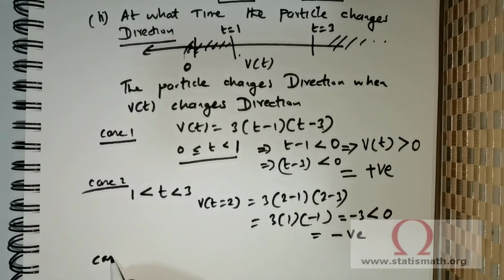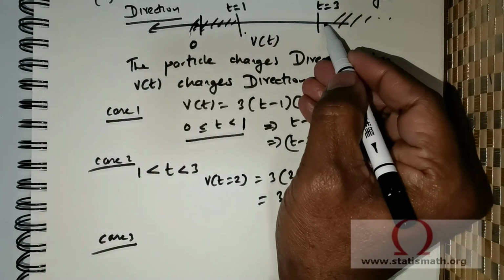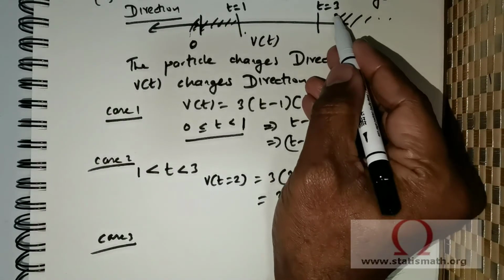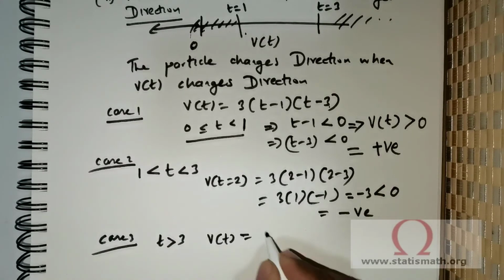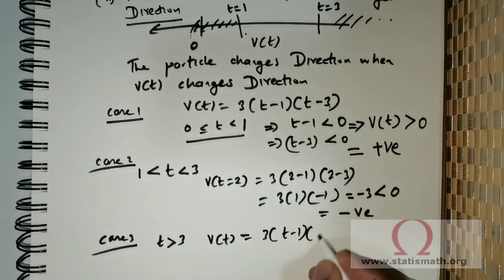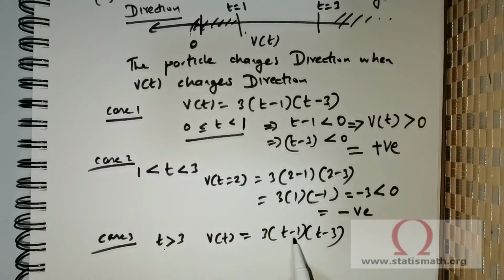Now let me consider case 3, that means for values of t greater than 3. So v of t will be 3 times (t - 1) times (t - 3). When t is say 4, this is going to be positive, this is going to be positive.